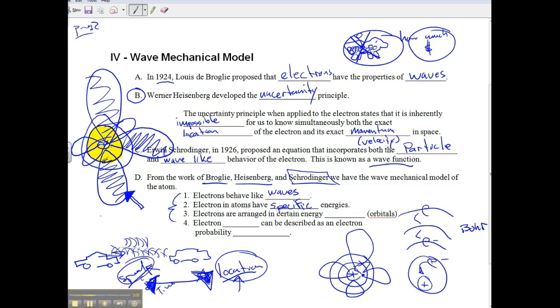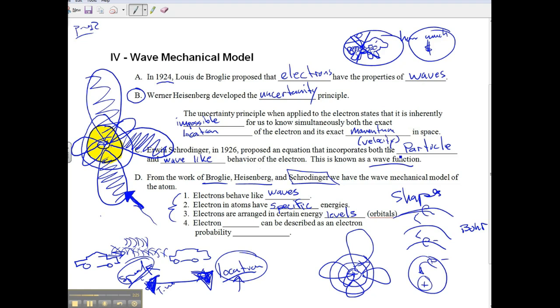I don't know why I'm drawing this again. It's already over here, much clearer. So that's that. Electrons are arranged in certain energy levels. Those are the orbitals, and now instead of rings, they're going to be shapes.